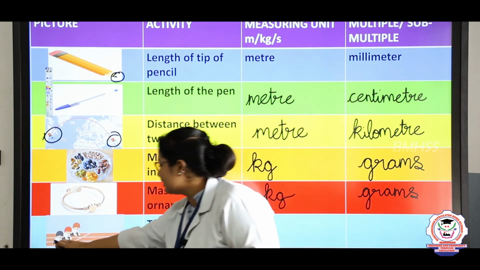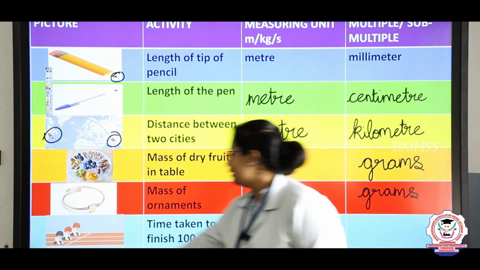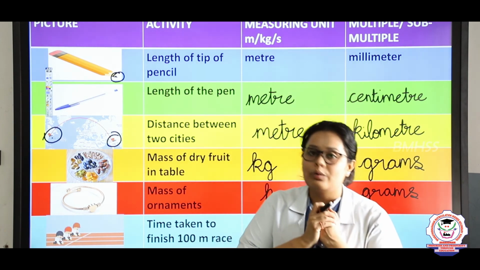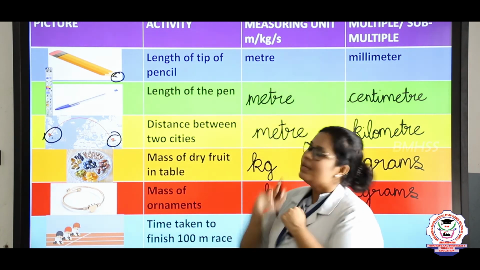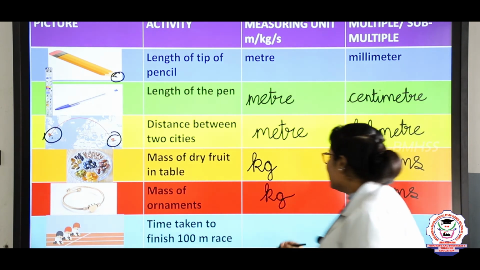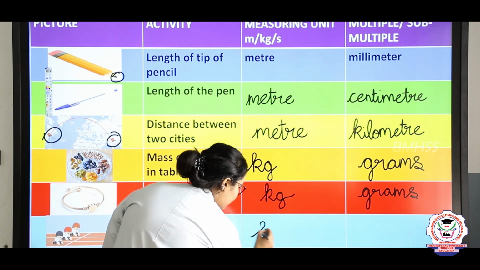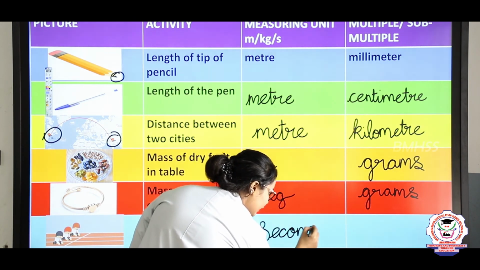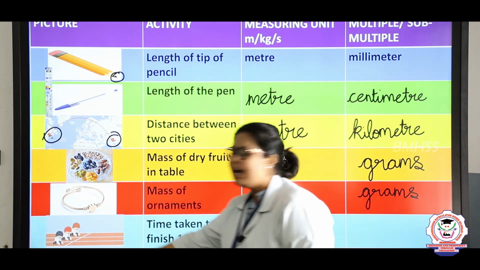And last there is this race. Now the race is going to get started in 100-meter race. So I want to note down the time. So what is the main unit of that? The main SI unit of time is second. So what it is? Second. S-E-C-O-N-D. Now this is only 100-meter race.